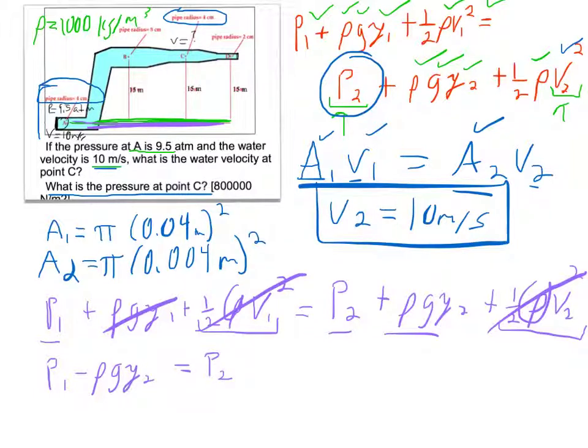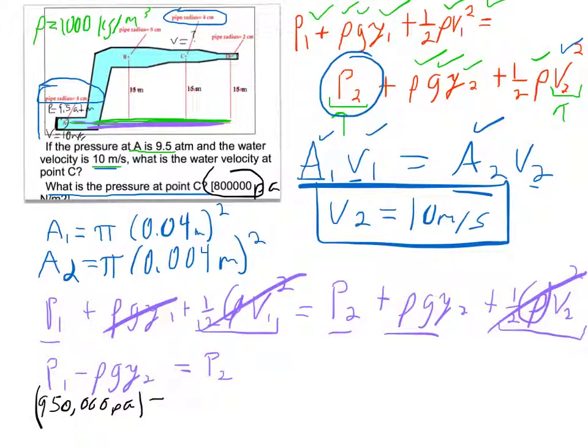And I can substitute in the numbers now. And I've included the answer on this slide so that we can see if I get it right. That's 800,000 newtons per meter squared, or 800,000 pascals. So the pressure at point 1 is 9.5 atmospheres. And an atmosphere is 100,000 pascals, so that would be 950,000 pascals. I just multiplied 9.5 times 100,000.